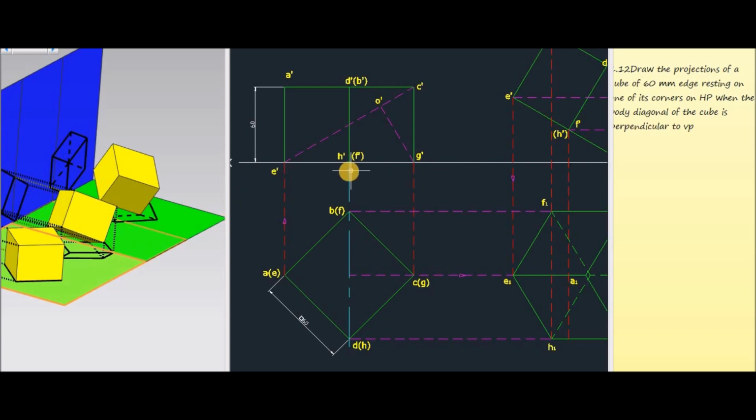This is the straight line, and initially we have to represent the adjacent corners which is equally inclined to the vertical plane.